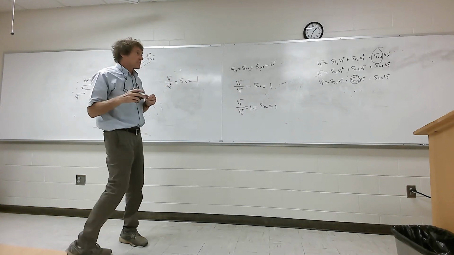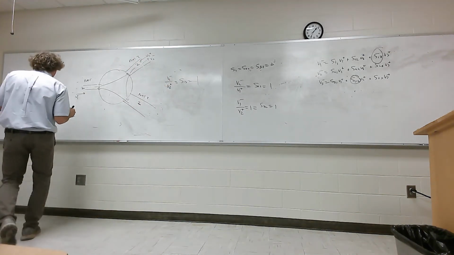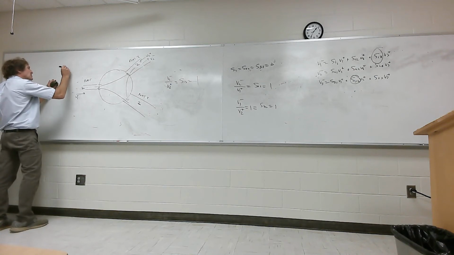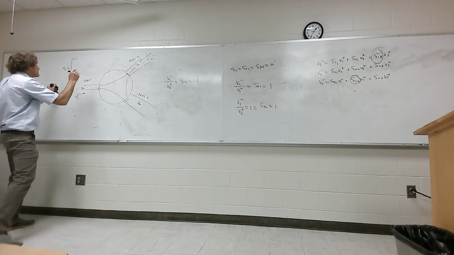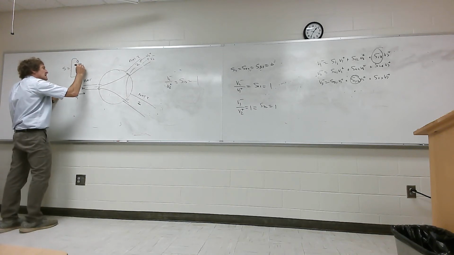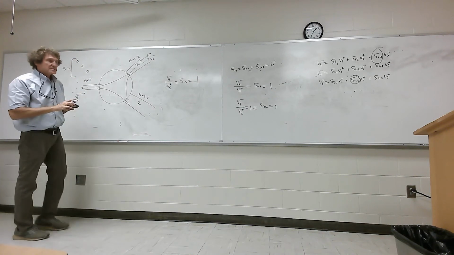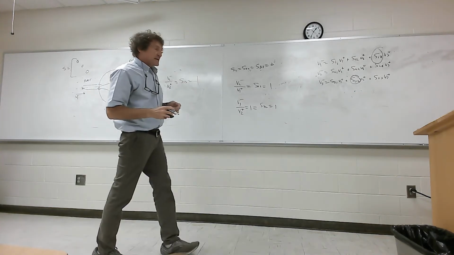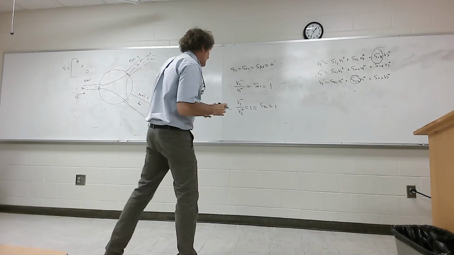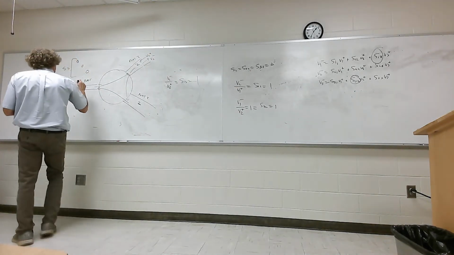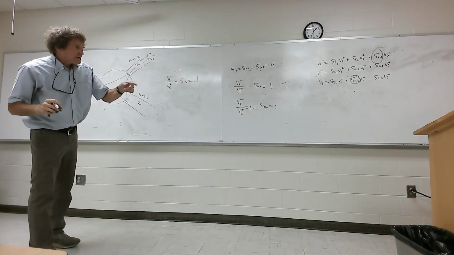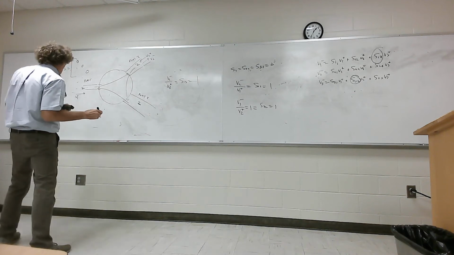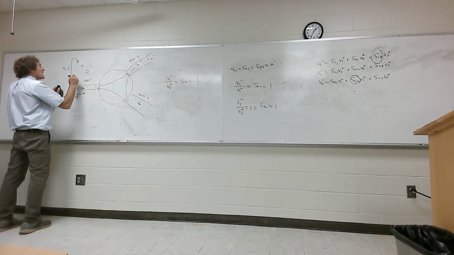There's no reflection coefficient for an ideal circulator. So the S parameter matrix for this one is going to be what? All the reflection coefficients are 0, so the diagonal elements are 0. Next, S21 is 1. That's a 1 down here. S32 is 1, and that's this one.